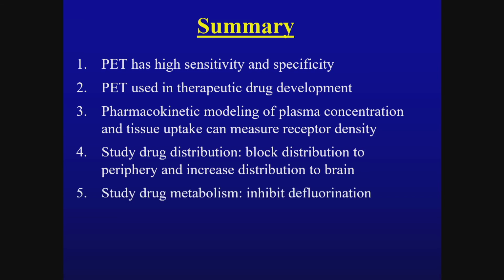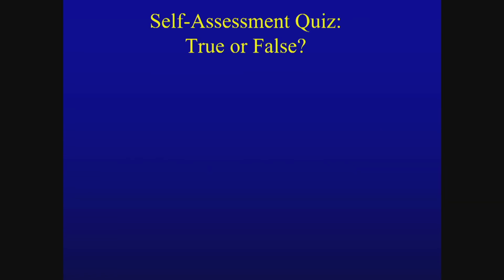And finally, I showed how PET can study metabolism, making or breaking a bond in the radioligand. And in this case, it was the defluorination and the ability to inhibit the defluorination and have more of the parent radioligand.